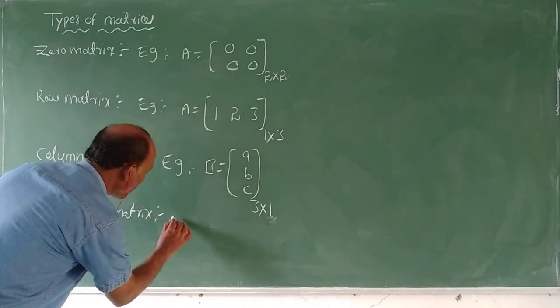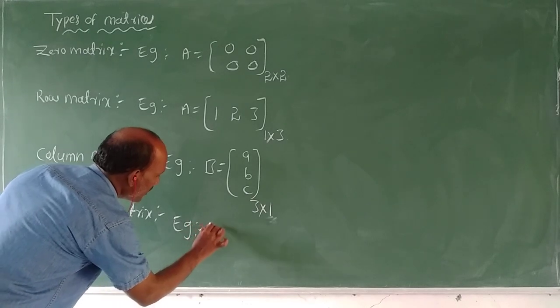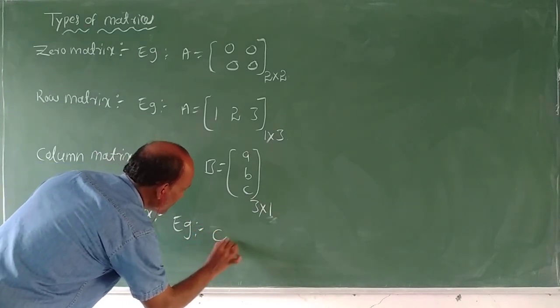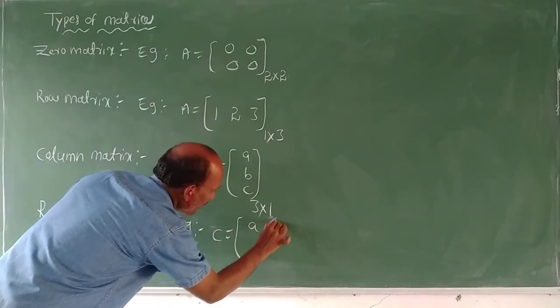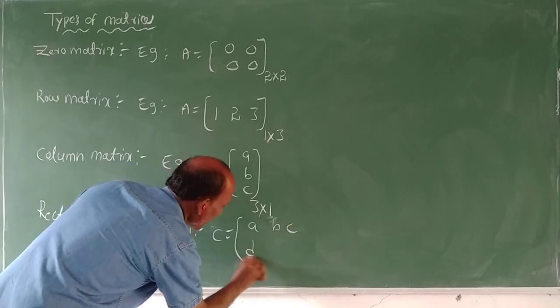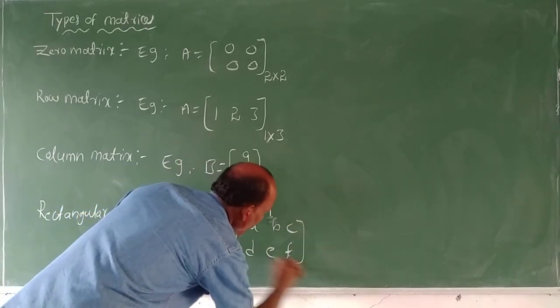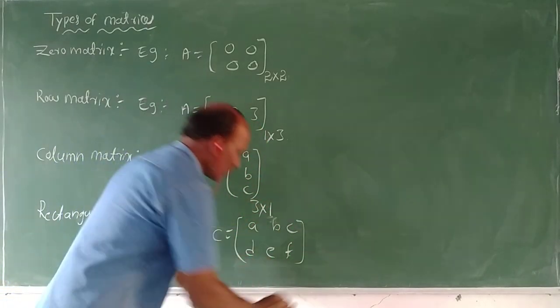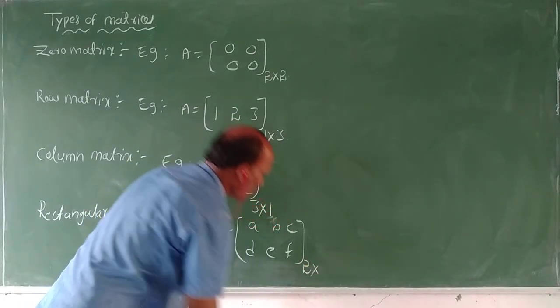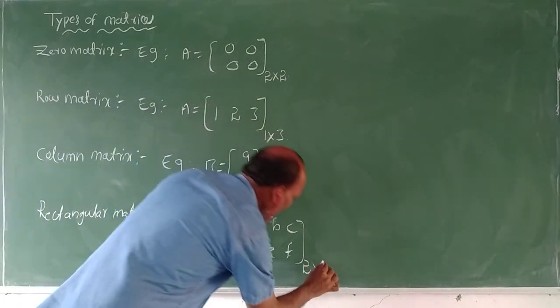For example, capital C equal to A, B, C, D, E, F. Number of rows, 2 rows, is not equal to number of columns, 3 columns.